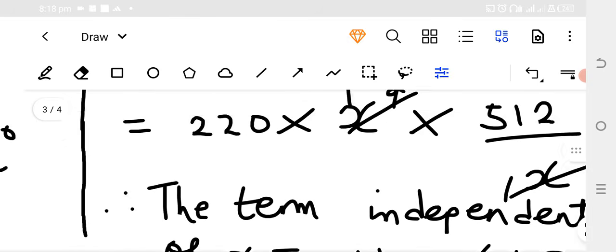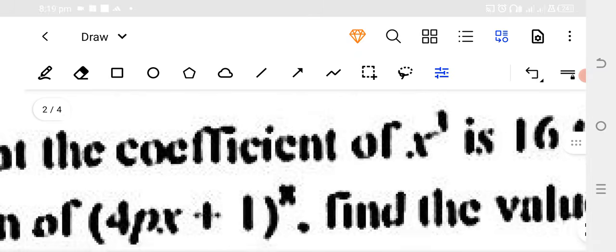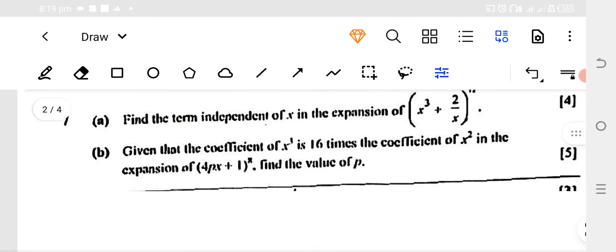Okay, B, we are done with A. We go to B. B reads what? Given that the coefficient of x cubed is 16 times the coefficient of x squared.